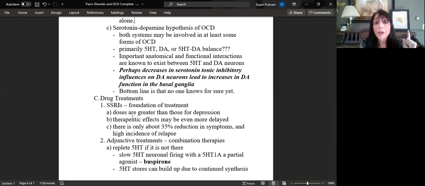Difference is the doses are often, or most often, greater than those that are utilized for people who present with clinical depression. And another problem is therapeutic effects may be even more delayed than those effects that we see in individuals who are being treated with SSRIs for clinical depression.